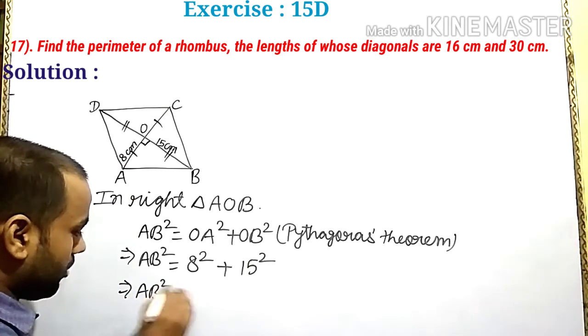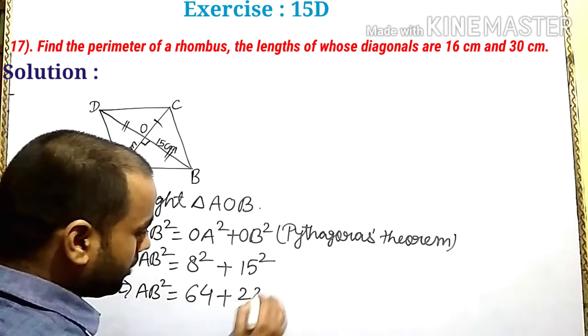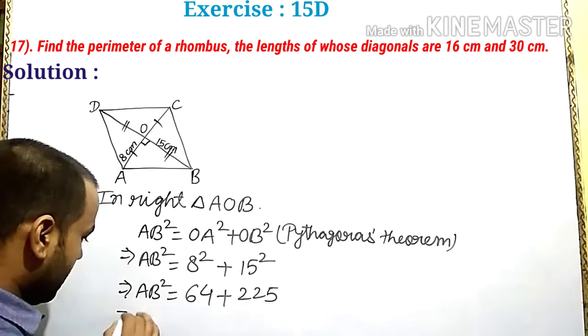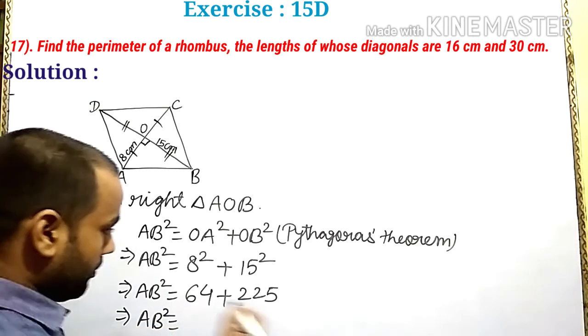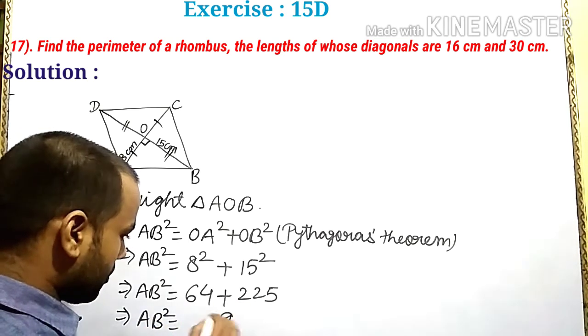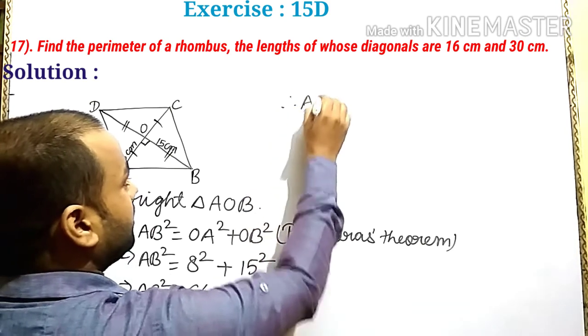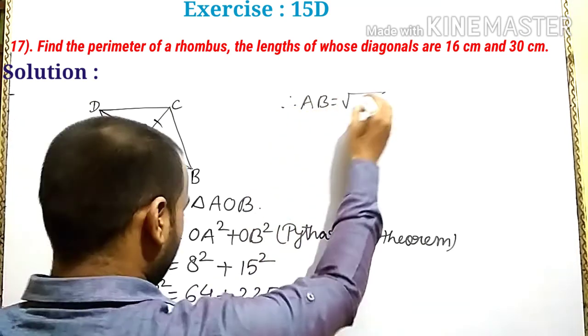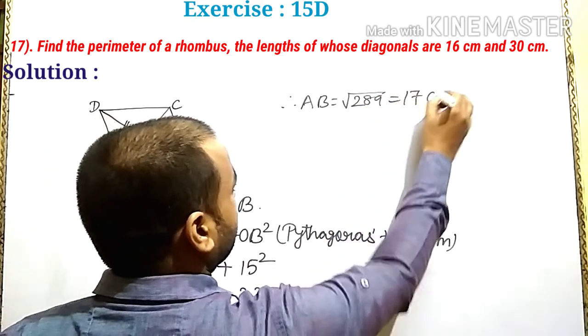AB square is equal to 8 square, 64, plus 15 square, 225. AB square is equal to 289. Therefore AB is equal to square root 289, means 17 centimeter.